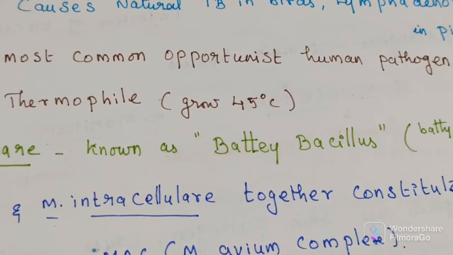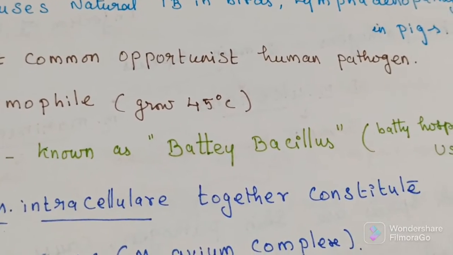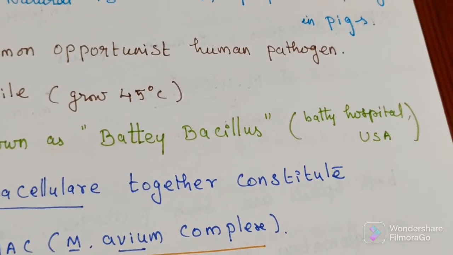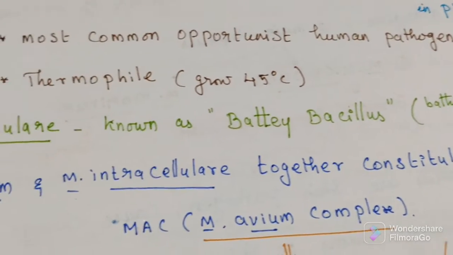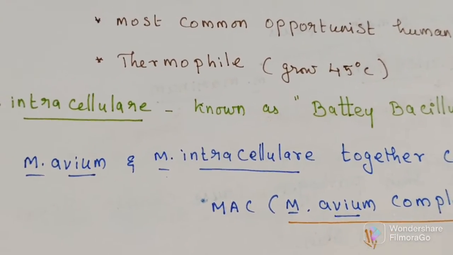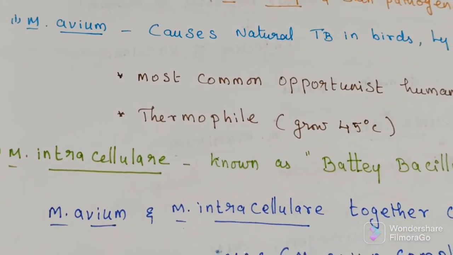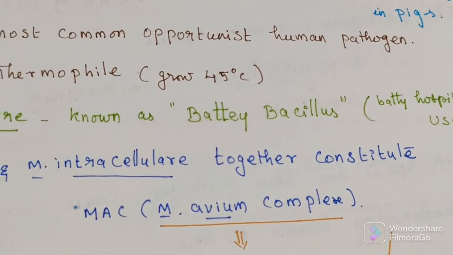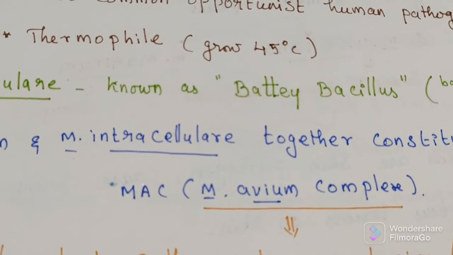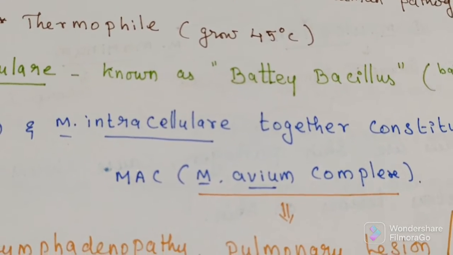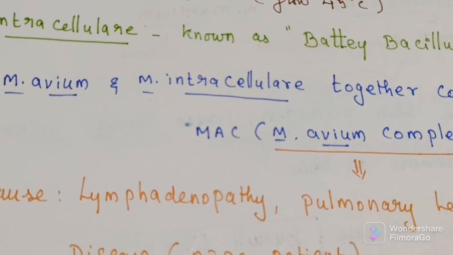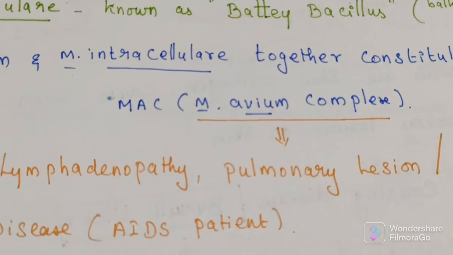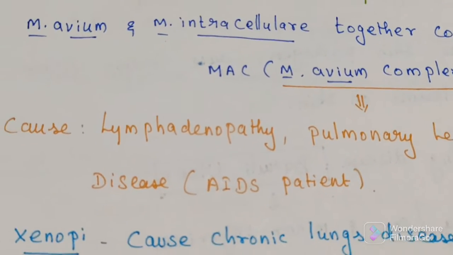It is also known as Battey bacillus because it was first isolated at Battey Hospital, USA. The first two species, Mycobacterium avium and Mycobacterium intracellulare, together form a complex, called the Mycobacterium avium complex, which causes lymphadenopathy, pulmonary lesions, and disseminated disease, particularly in AIDS patients.